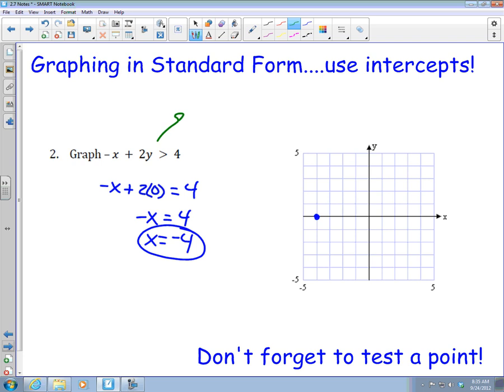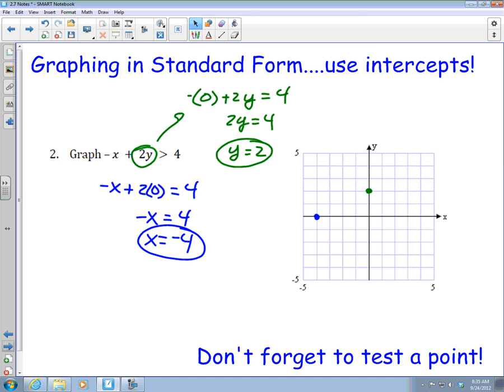I'll plug in over here, 0 for x. I'm just going to say equals 4 because I'm just looking for the x and y-intercepts here. I end up with 2y equals 4. Divide both sides by 2 and y equals positive 2. There's my y-intercept. You could solve again for y right here if you wanted to. Add x to both sides and divide by 2 and put it in slope-intercept form to graph it. Either way is fine.